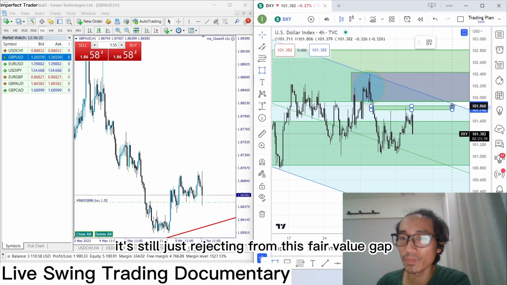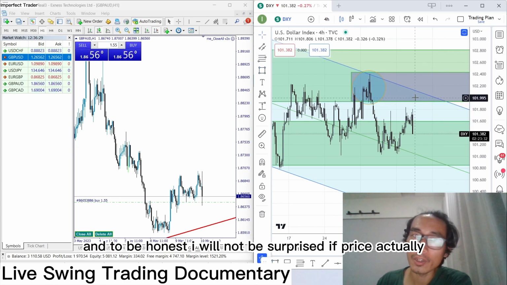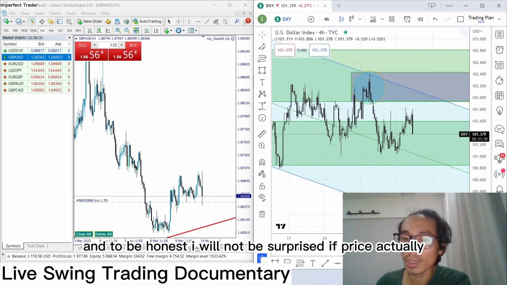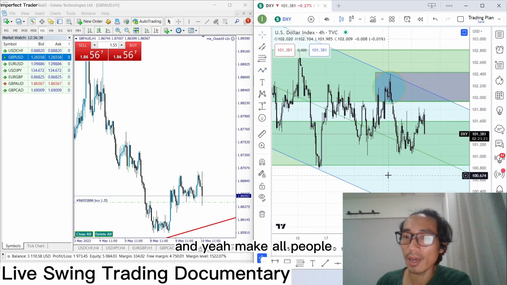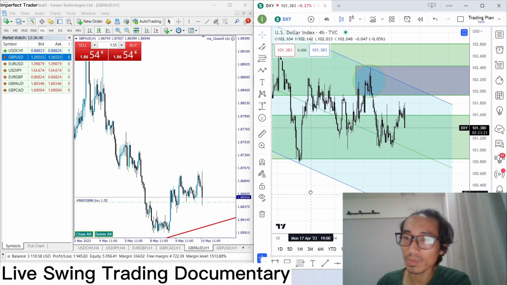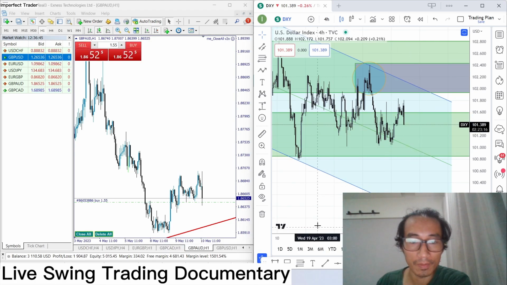It's still just rejecting from this fair value gap. And to be honest, I will not be surprised if price trades up here again and makes all people stop out before it's actually going down.